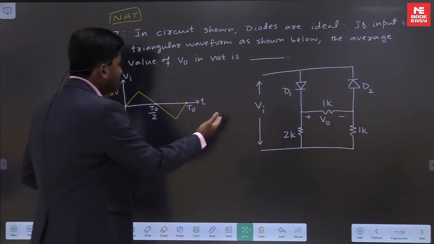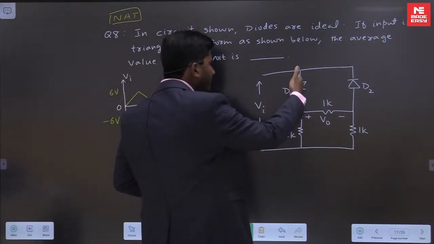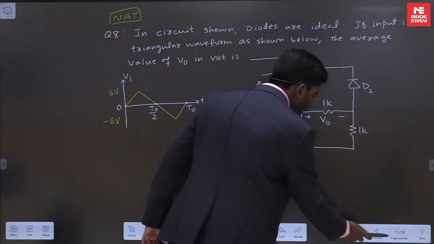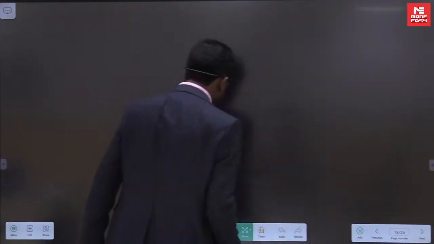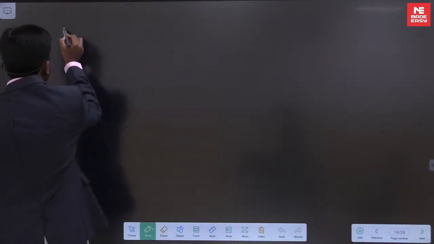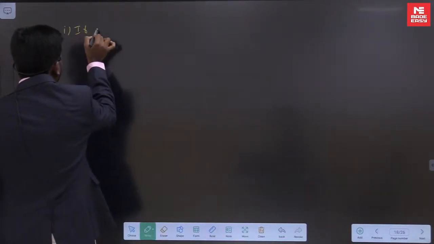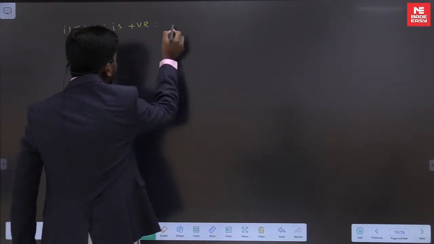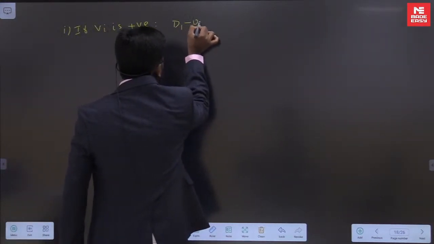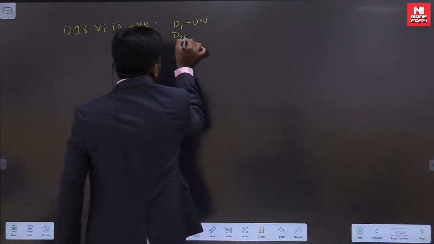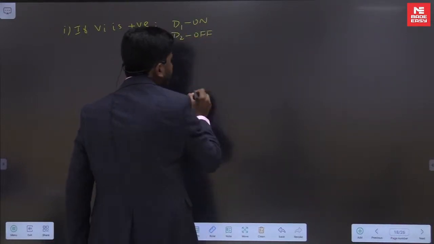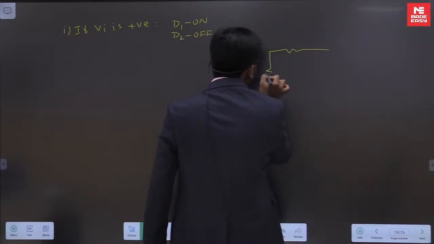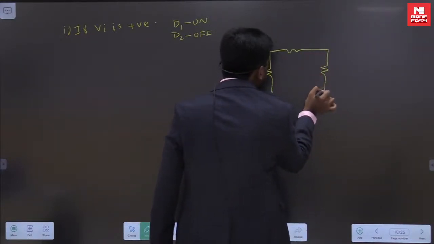Now when input is positive, D1 will be on and D2 will be off. Okay, let's proceed in this way. If input is positive, then D1 on and the other diode D2 will be off. Then we can redraw the circuit in this way.